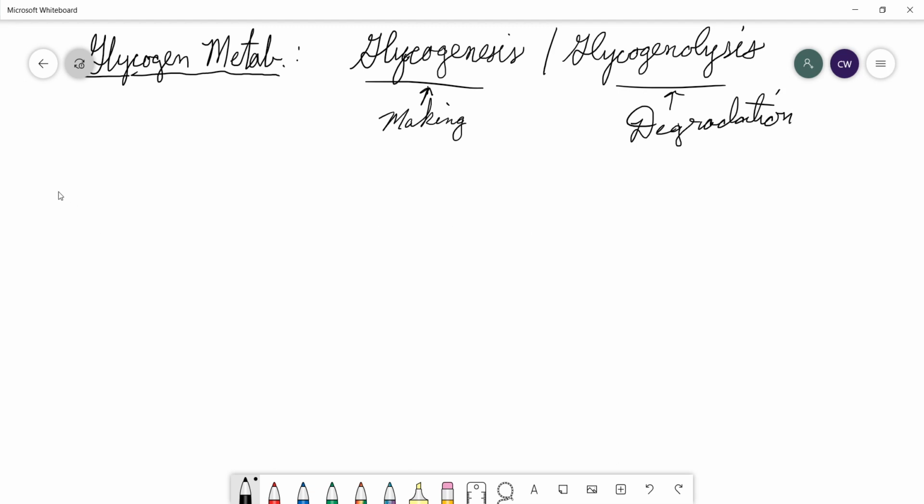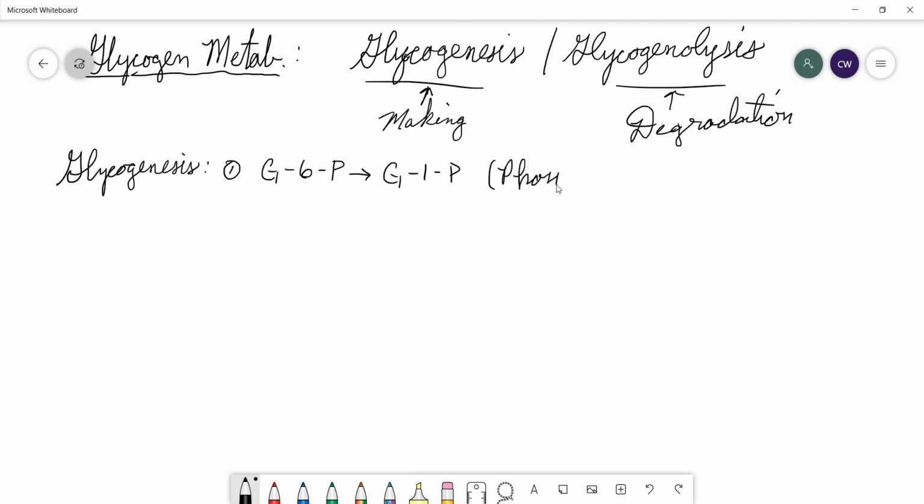So in glycogenesis, first thing we do is we convert glucose 6 phosphate to glucose 1 phosphate, which is mediated by the enzyme phosphoglucomutase.